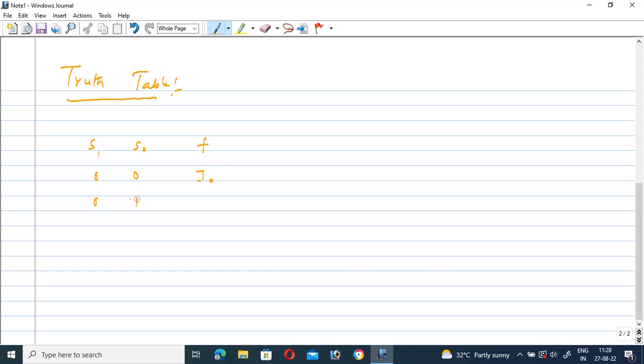In case 0 1, it selects the I1 value. If you give the selection inputs as 1 0, it selects the I2 value. For 1 1, it selects I3. So this is the truth table for the 4 by 1 mux.